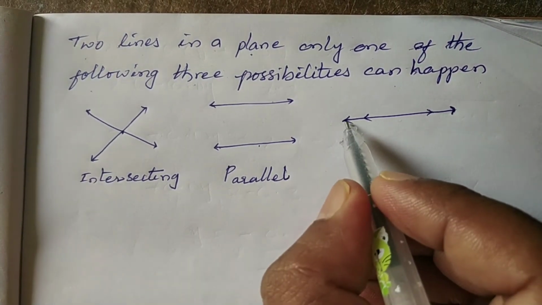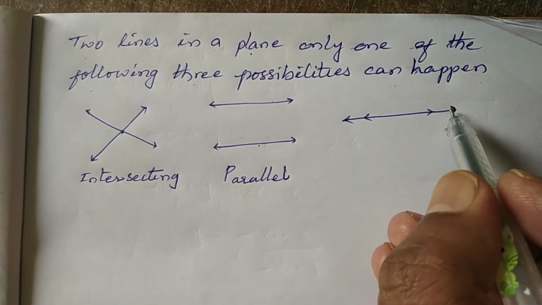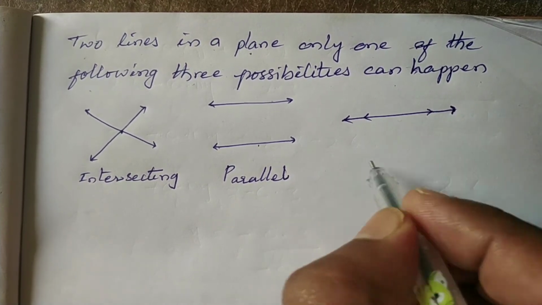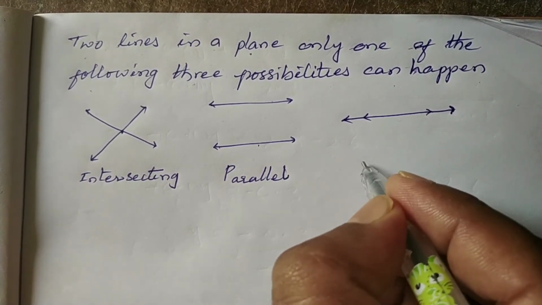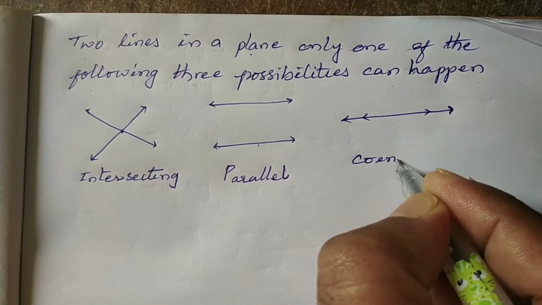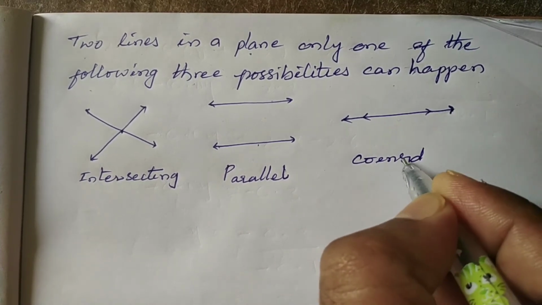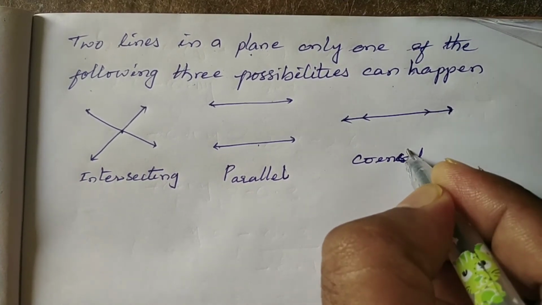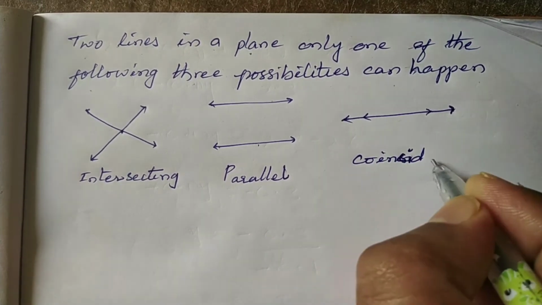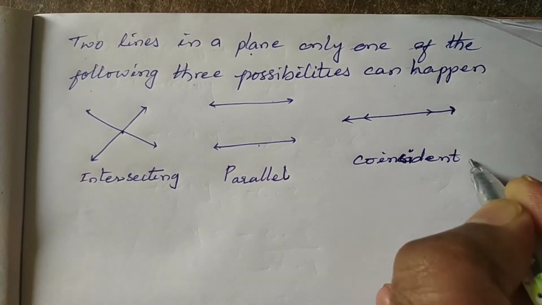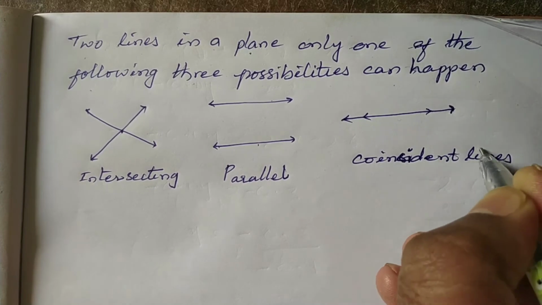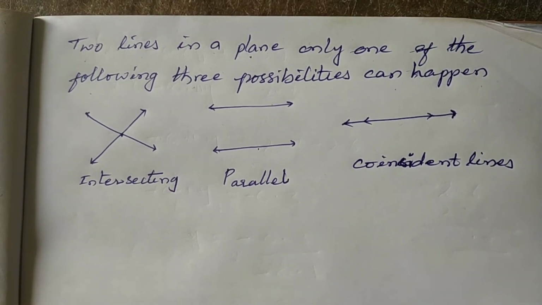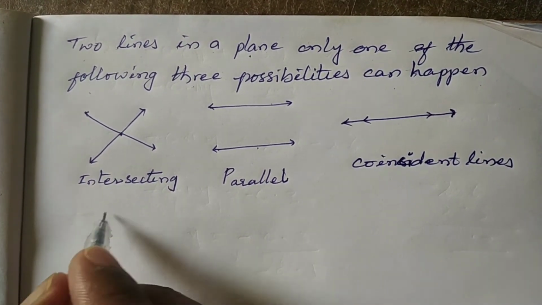And one line overlapping another one, so these lines are called coincident lines.